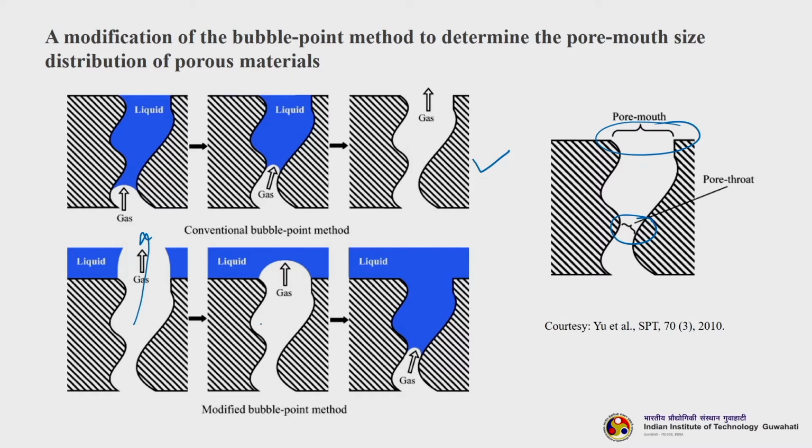Then I am putting the liquid on the top of the membrane, on the pore mouth itself. You can see the gas coming now, trying to escape through this liquid, and it will make a convex type of surface here. Then what happens?